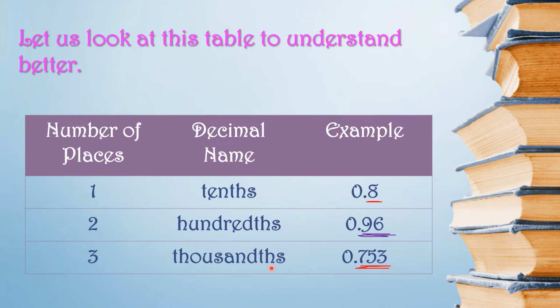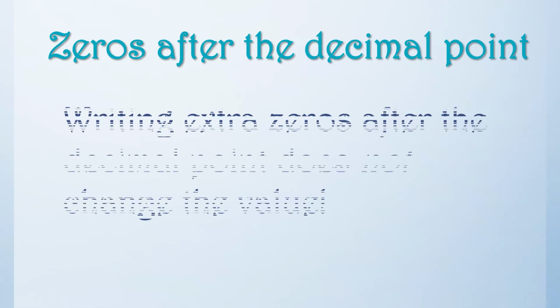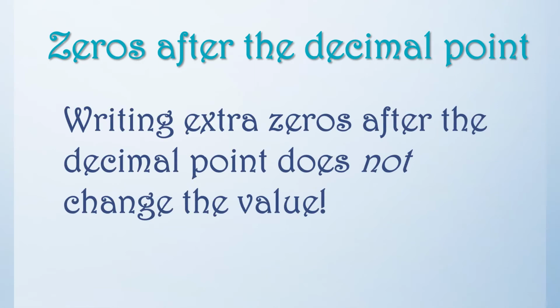Now coming to our question number 2, which is what happens when there are so many zeros after the decimal point? If there are 1, 2, 3 or 4 or so many zeros after the decimal point, then what actually happens to them? Well, writing extra zeros after the decimal point does not change its value.